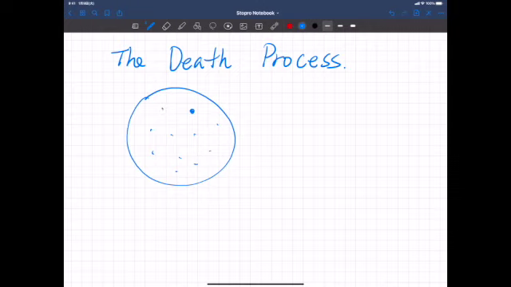If the rate of death is mu per person per unit time, then during a time period of delta t, the probability that one individual dies is approximately mu times delta t. So if there are n individuals in the population, then the probability that someone dies is proportional to the population size, so this probability should be multiplied by the number of individuals.